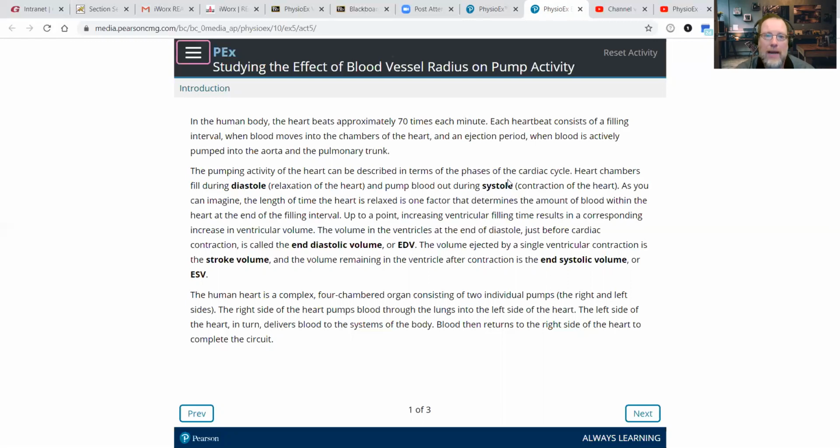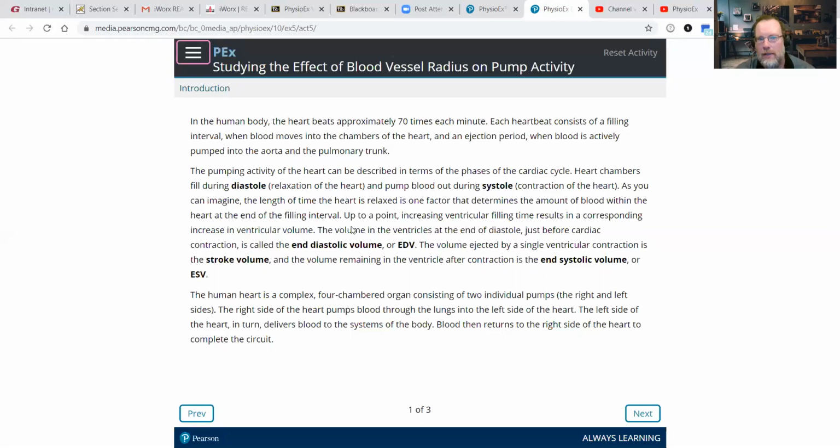Systole is the contraction of the heart. We've seen these terms, systolic and diastolic, for blood pressure. We know the systolic number is the top number, 120, for example, over 80. So systole and diastole have to do with contraction and relaxation.